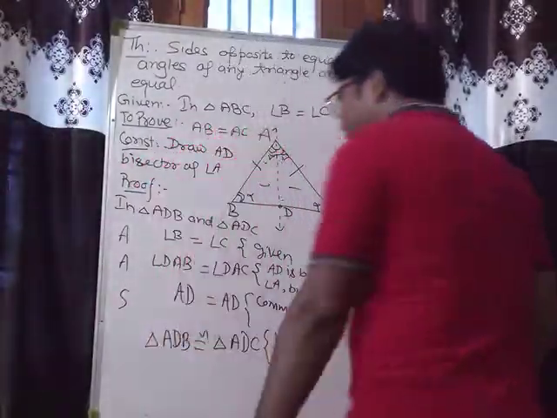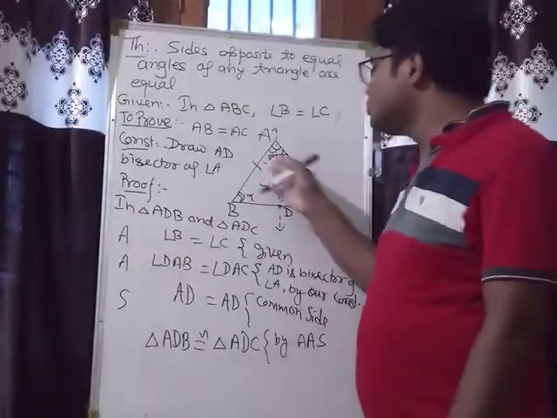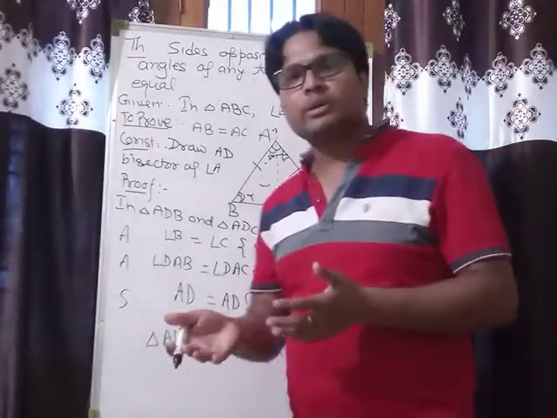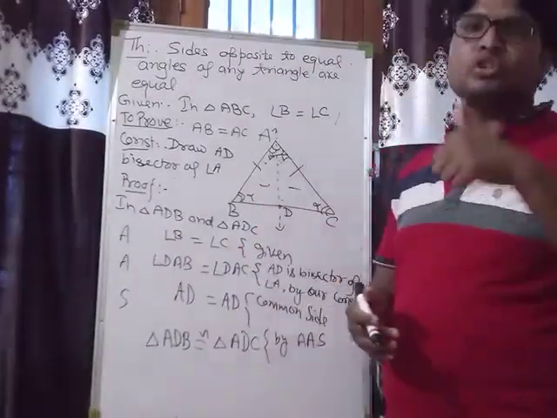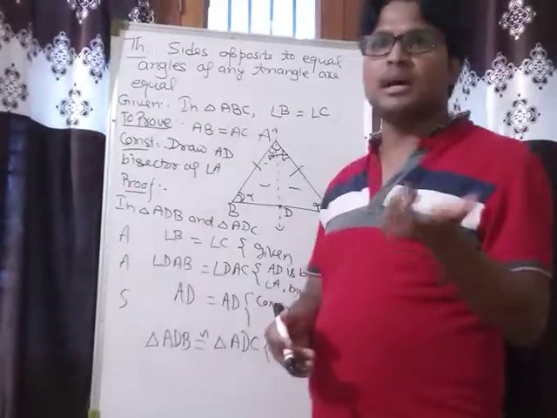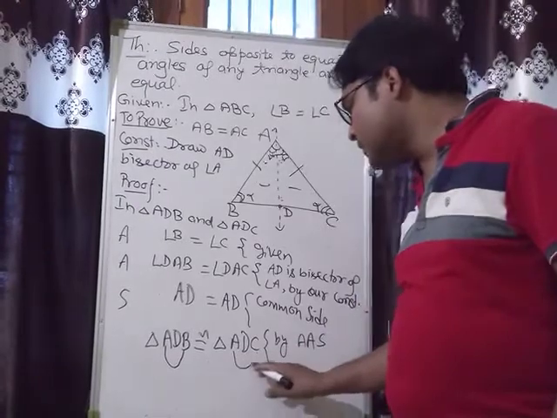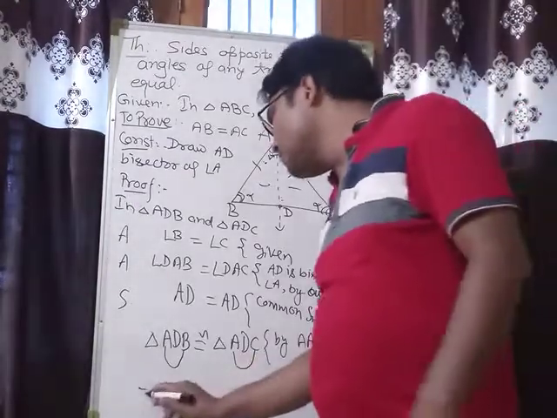So AAS. So these two triangles are congruent now, and when two triangles are congruent, their corresponding parts, means corresponding sides and corresponding angles are equal. So clearly from here AB and AC are corresponding sides, that's why they will be equal.